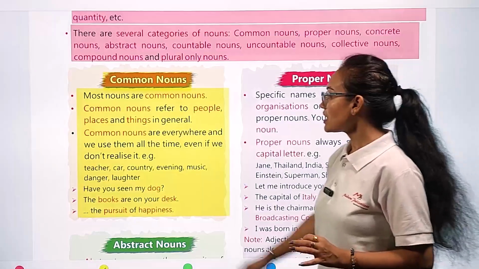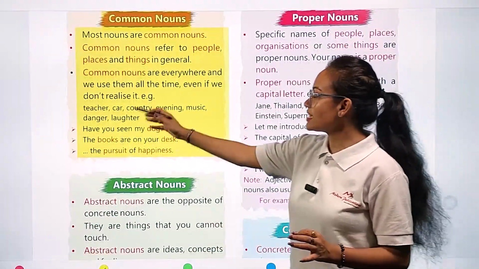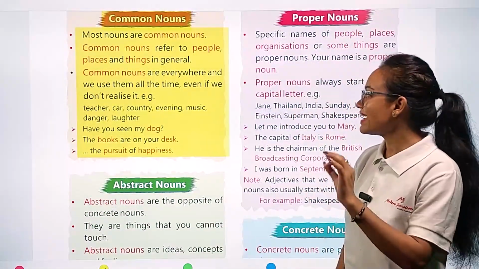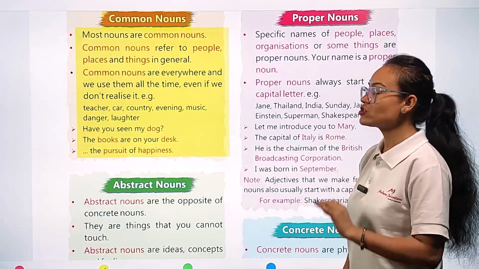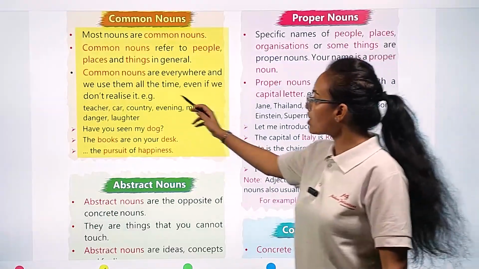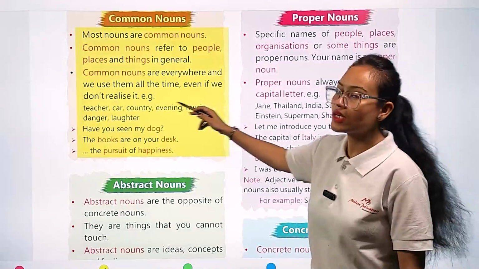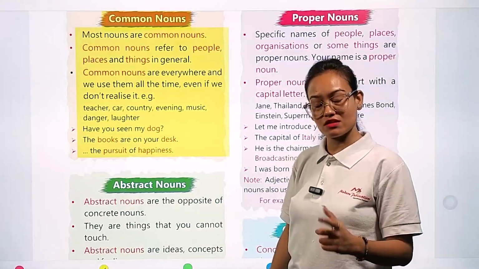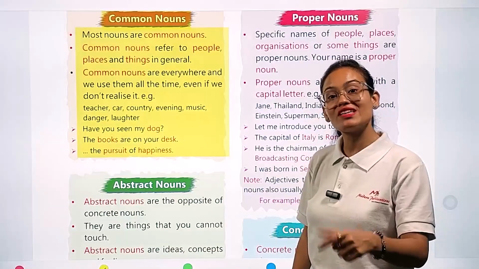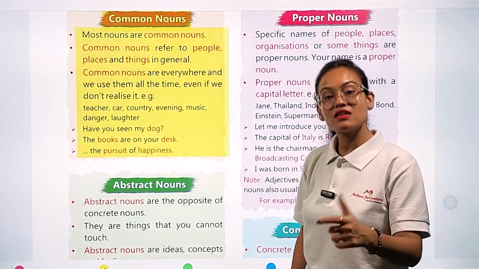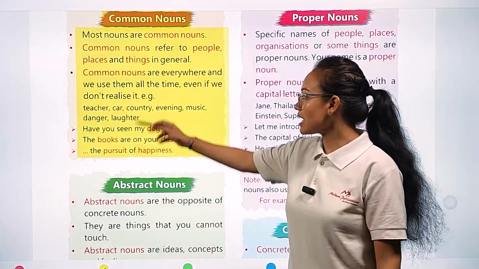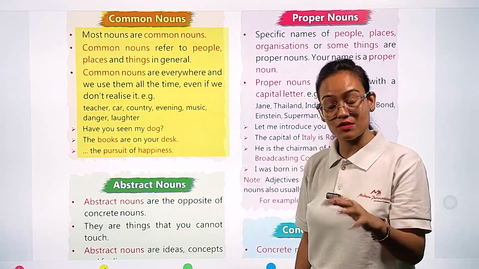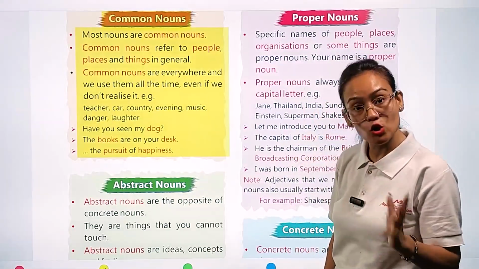Example, you can see teacher, car, country, evening, music, danger, laughter. They all are referring to a particular group, but in common. The word teacher is referring to a teacher community, in general terms. Okay, car, country, they all are representing their respective groups.